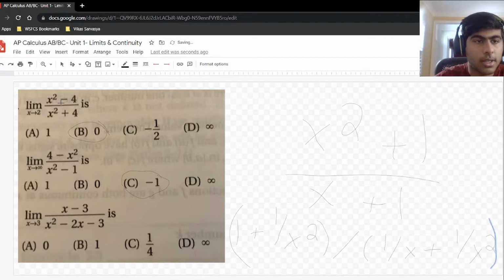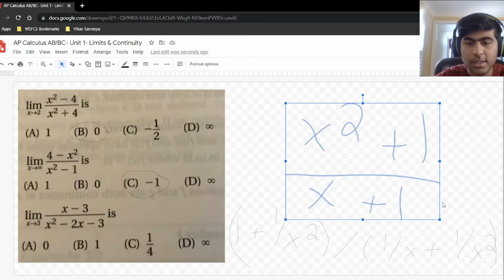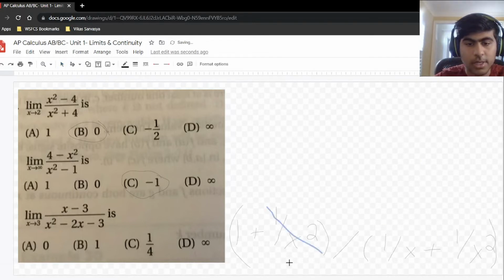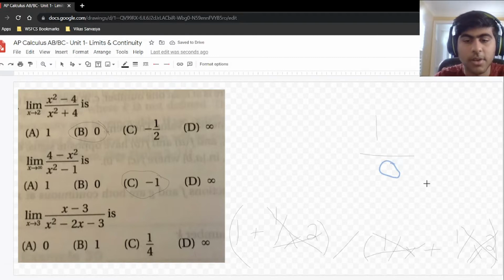And you can look at that, and you see that if we were to plug infinity into this, then this cancels out. This right here cancels out. This right here cancels. And then this cancels. So basically we're just left with 1 over 0 at this point. Now 1 over 0 is not defined.